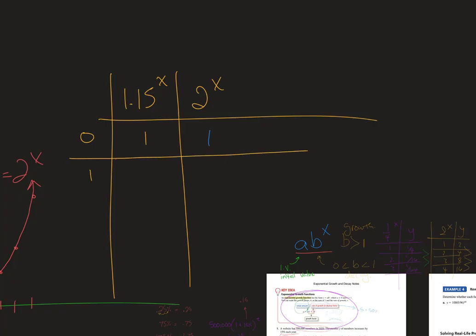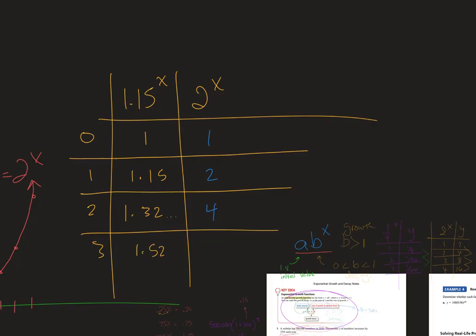Now if we plug in 1, for 1.15, we get 1.15, but for 2 to the x, we get 2. Obviously the growth is fairly different when we plug in 2. For 1.15, we get 1.32. It's definitely growth, but over here we get 4. And then let's keep going. We put 3. For 3, we get 1.52.